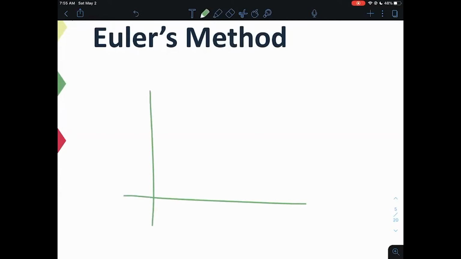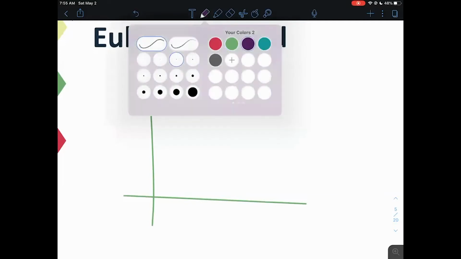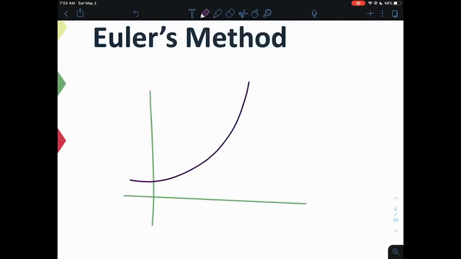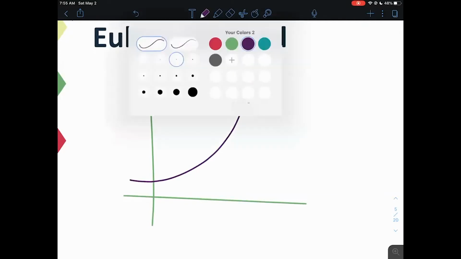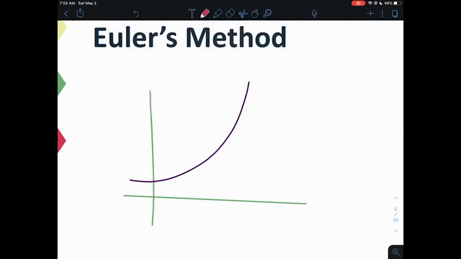So for instance, if we have a piece of a quadratic looking function, and we build a tangent line to this point right here. So we create this tangent line.